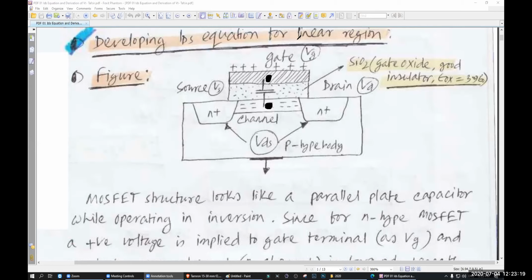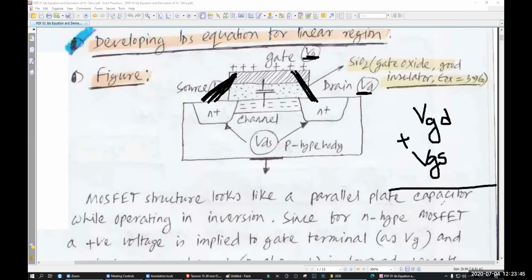So how to do that? We will find this voltage, because this is the gate and this is the drain, and these two points are easily accessible. So we can find VGD, and we can find this value, VGS. If we add these and divide by 2, we will find the average VGC, because this is at the middle.